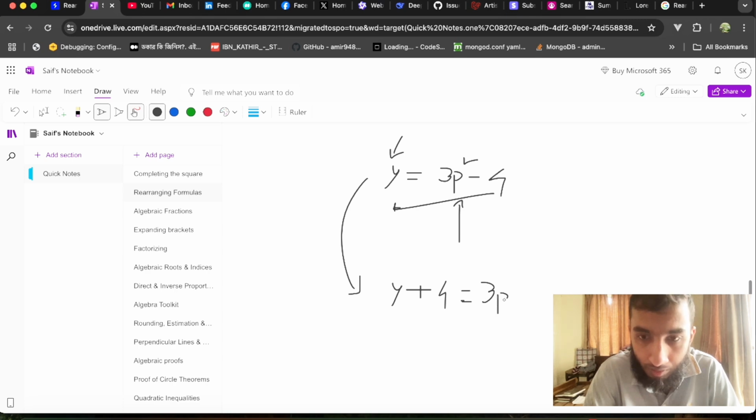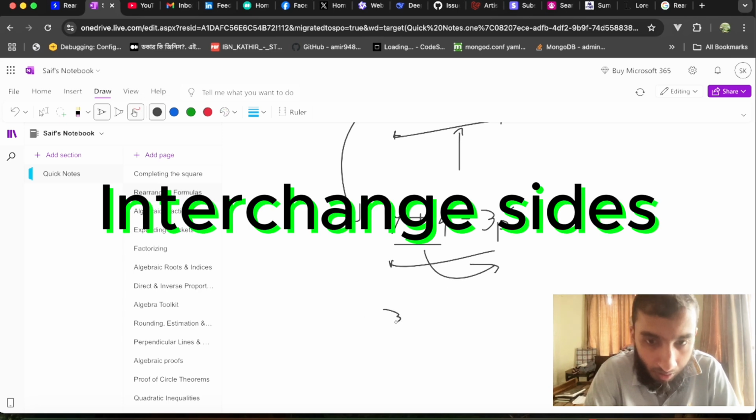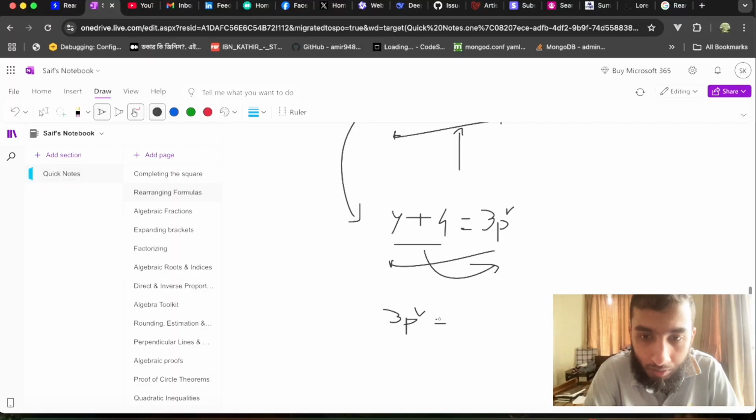Okay, or if I write 3p square on the left hand side and y plus 4 on the right hand side, I can write 3p square equals y plus 4.